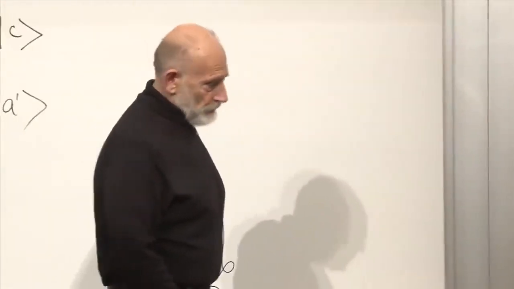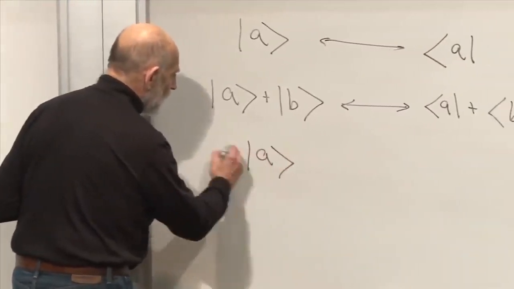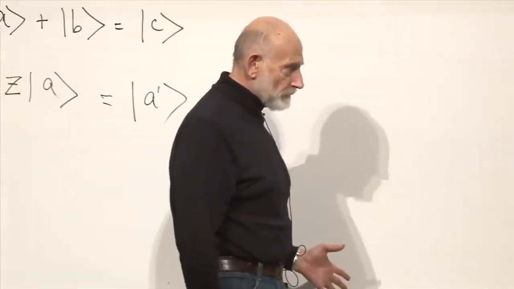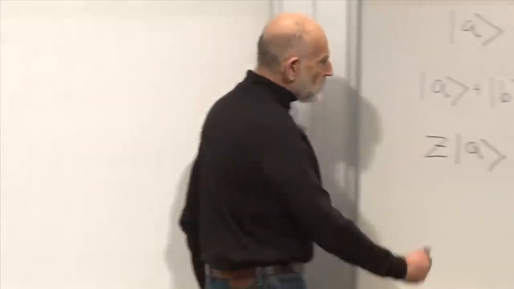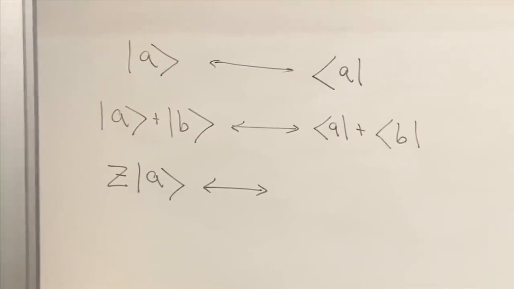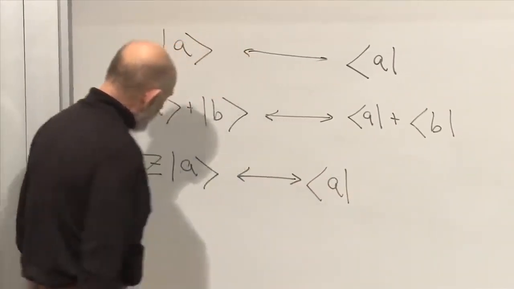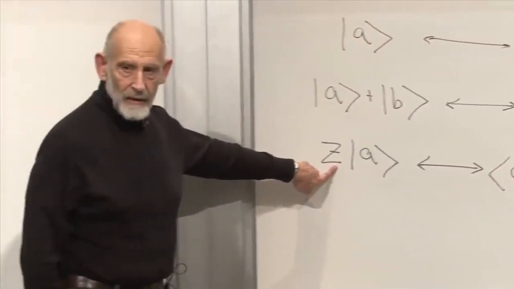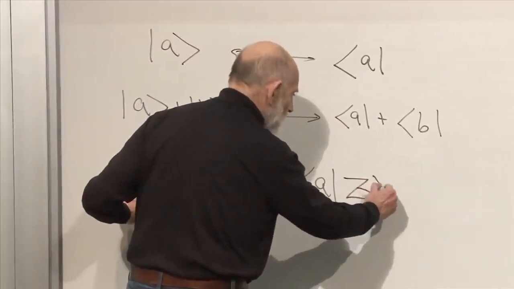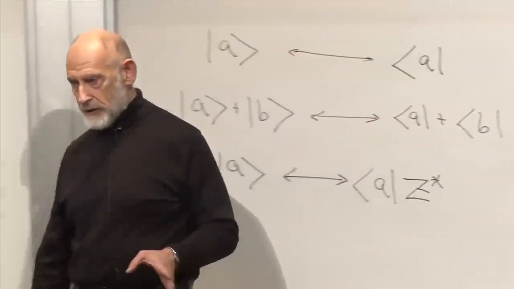The third assumption is that if you take any vector and multiply it by a complex number, then its reflection in the dual space, anybody want to guess? Of course, it involves the dual vector to A, but not multiplication by Z, but multiplication by the complex conjugate of Z, Z star. Z star is the complex conjugate of Z.